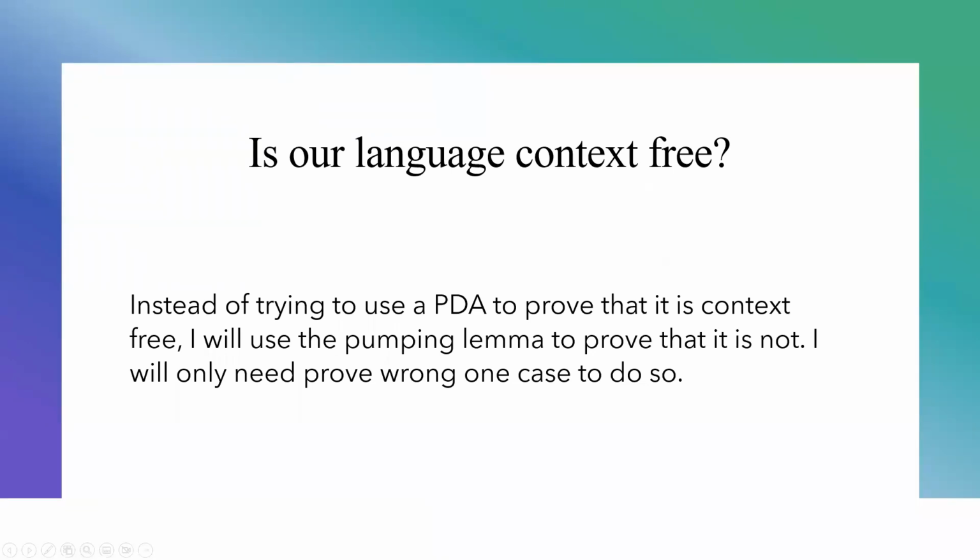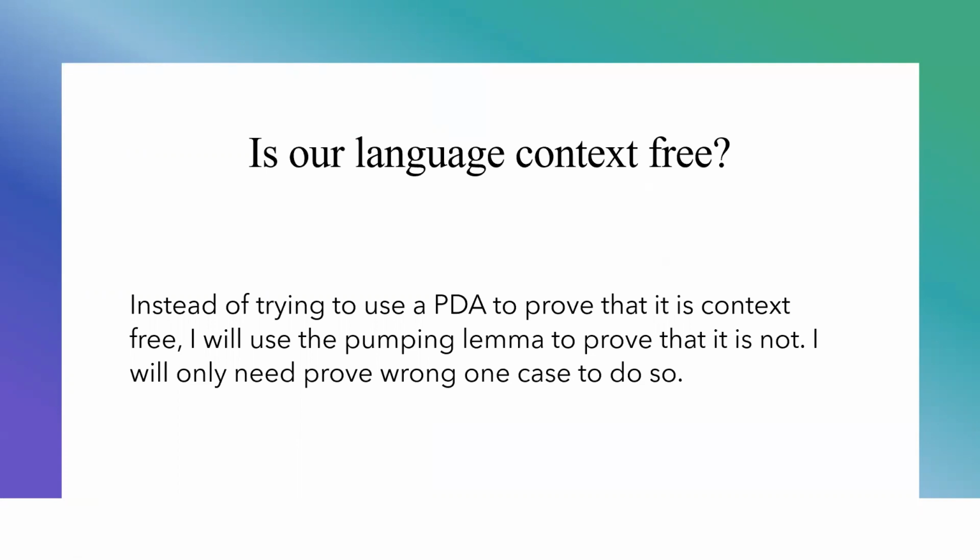And we're going to see if it's context free. Instead of using PDAs to make one that would accept it, and then you have to create infinitely many, I guess, we're just going to try to prove one case wrong. If we can prove one case wrong, then the language is not context free.